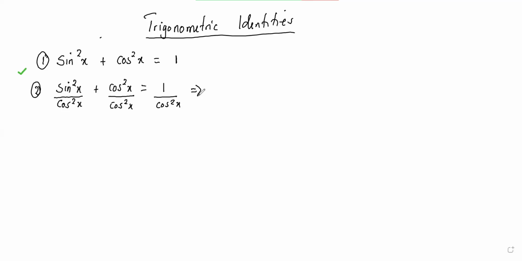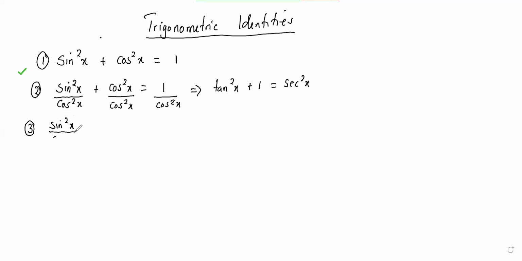Sine squared over cos squared, cos squared over cos squared is 1, and 1 over cos squared. So we have another identity like that.